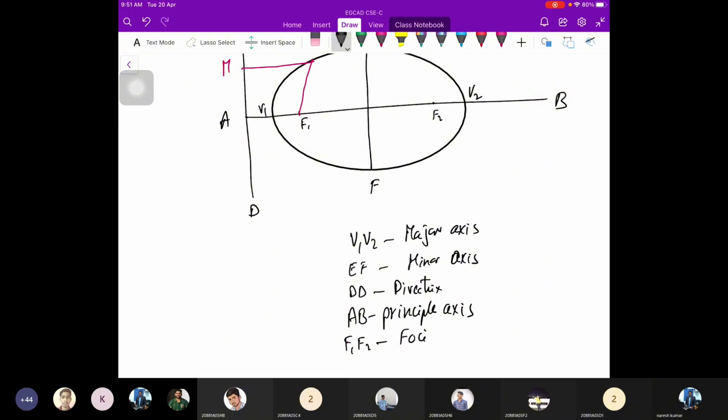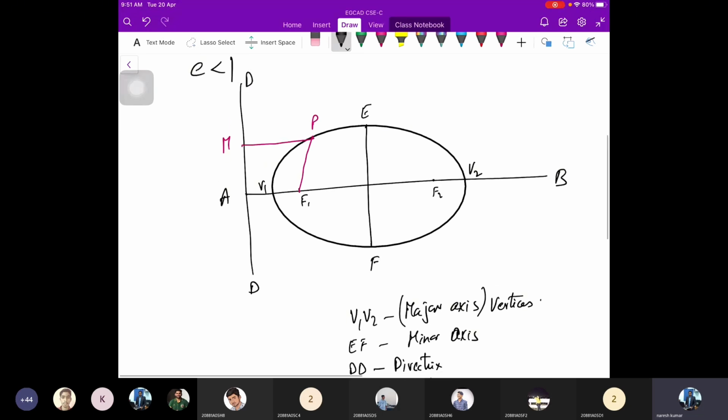These are the terms, the terminology we'll use to define the ellipse.